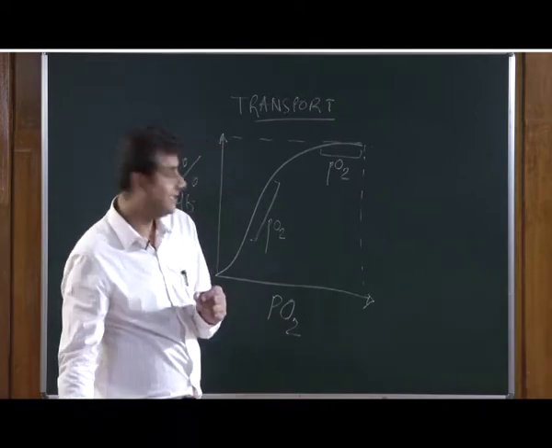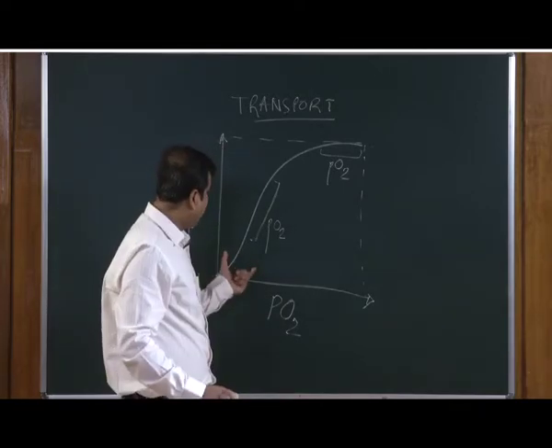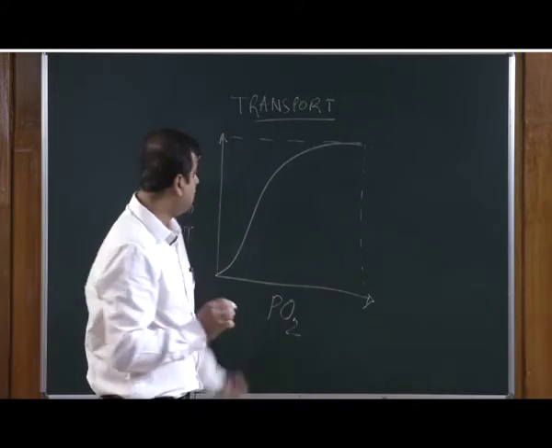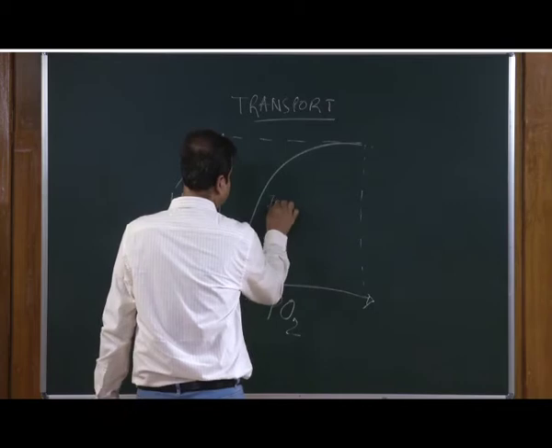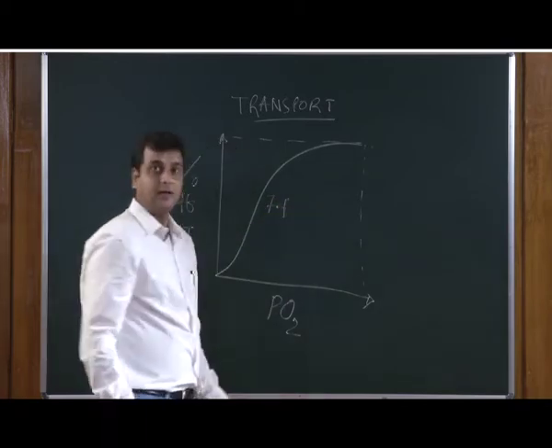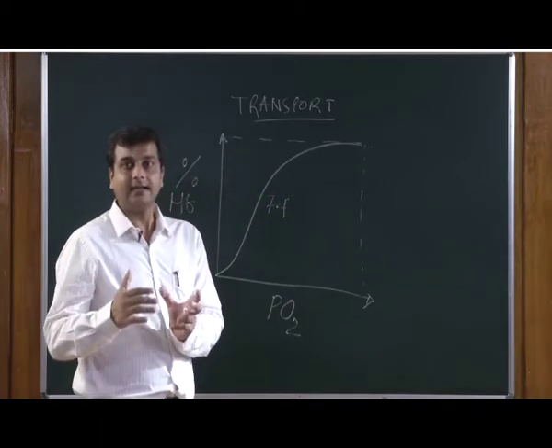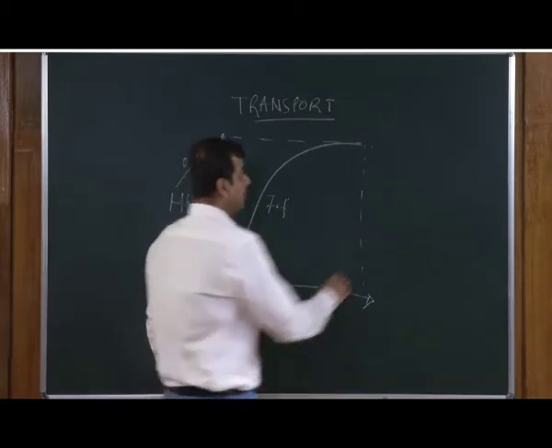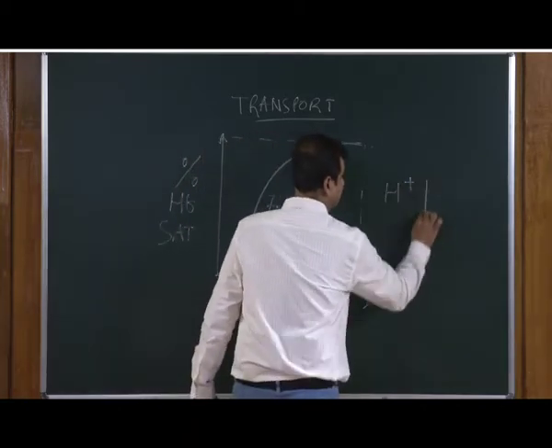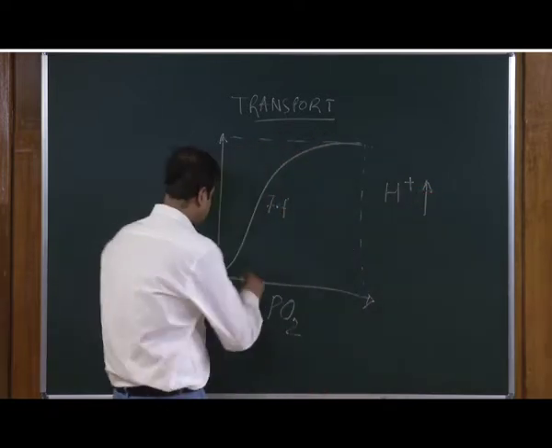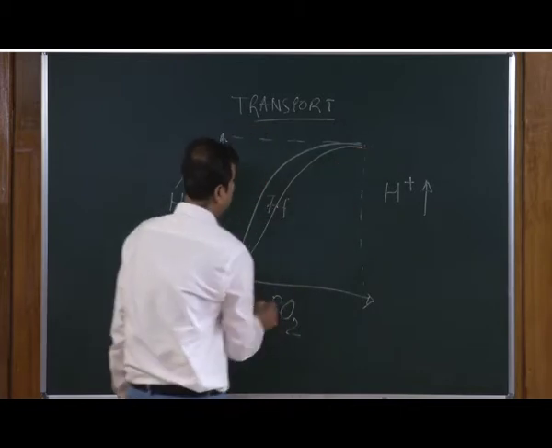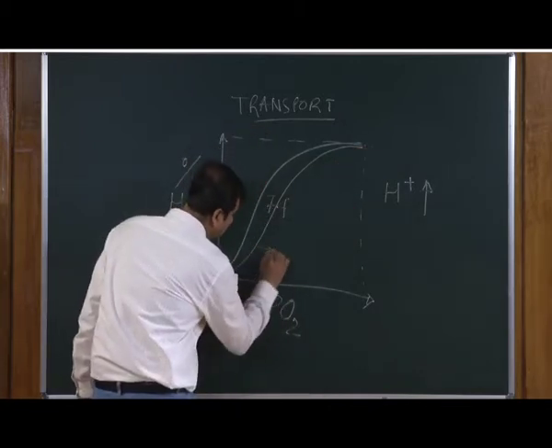Now, an important thing is that this graph is not constant. Normally, human blood is approximately pH 7.4. If the blood becomes slightly acidic, that means if the H plus ion concentration gets high in the blood, this graph tilts a little towards the right side.